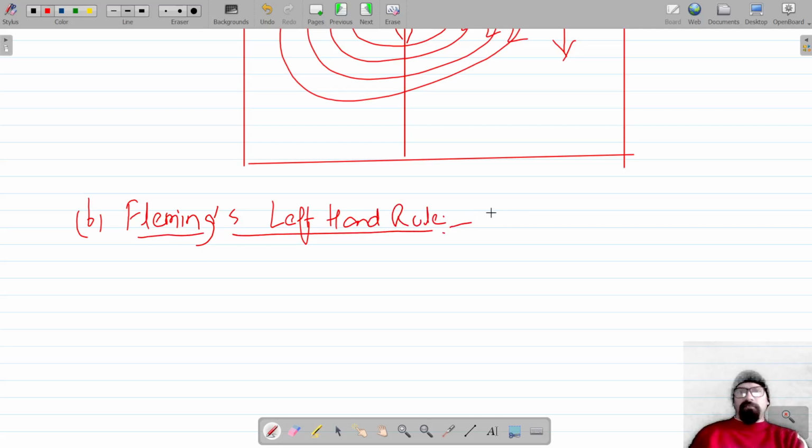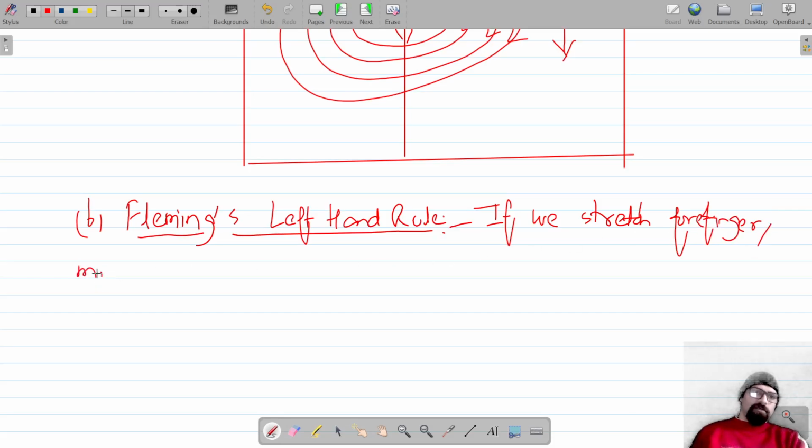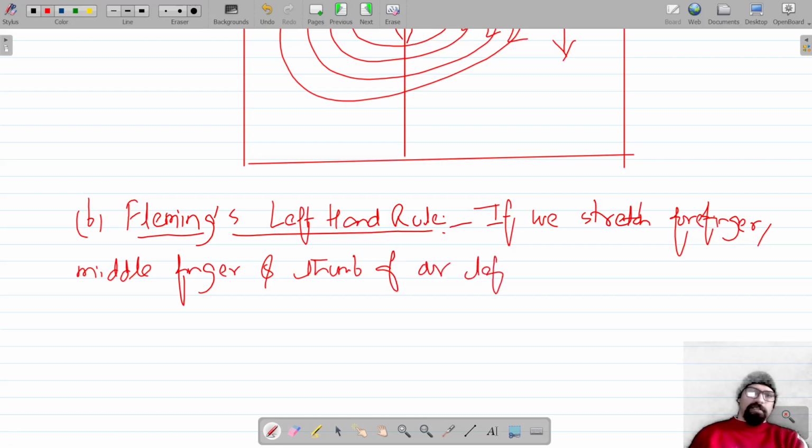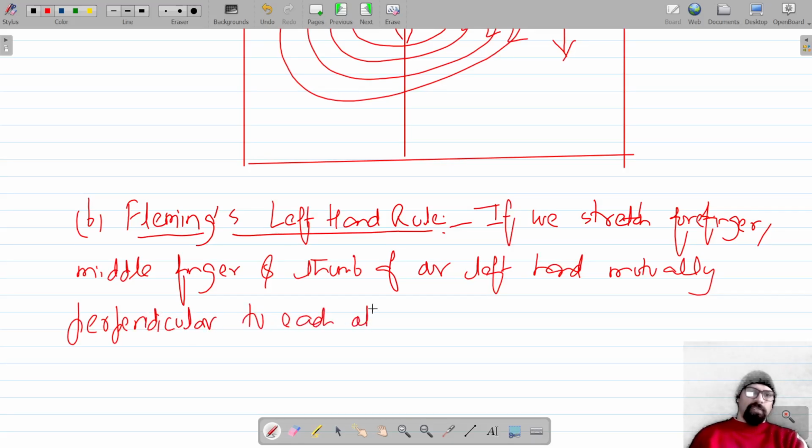Now it states that if we stretch our forefinger, middle finger and thumb of our left hand, such that they are mutually perpendicular to each other, we have to line up our forefinger such that the forefinger gives the direction of the magnetic field.